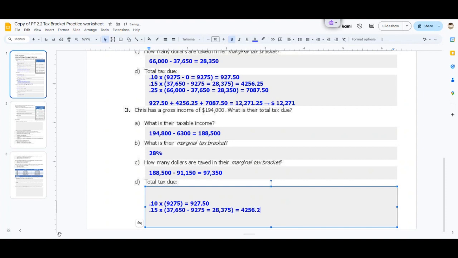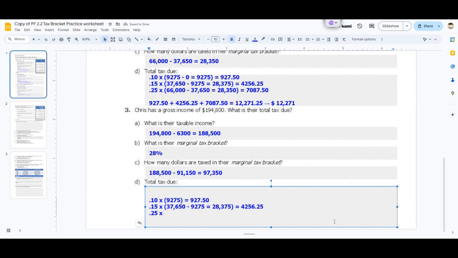That's 4256.25, just like it was up here with Gabby. She filled up that first bracket. Chris filled out that first bracket. Gabby filled out the second bracket, maximum amount for that second bracket, 4256.25. Chris filled out their second bracket, 4256.25. Now, unlike Gabby, Chris filled up the entire third bracket.